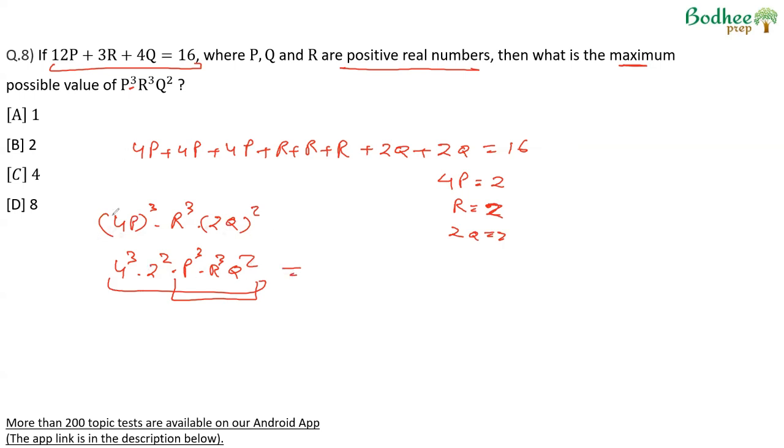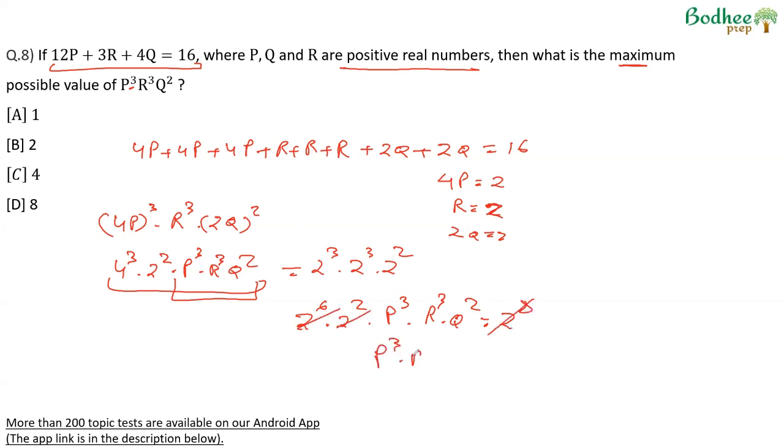And therefore this will be (4p) into 2 cube into 2 cube into 2 square. So 4 cube, which is 2 raised to power 6, into 2 raised to power 2, into p cube into r cube into q square becomes 2 raised to power 8. 2 raised to power 8, 2 raised to power 8 cancel.